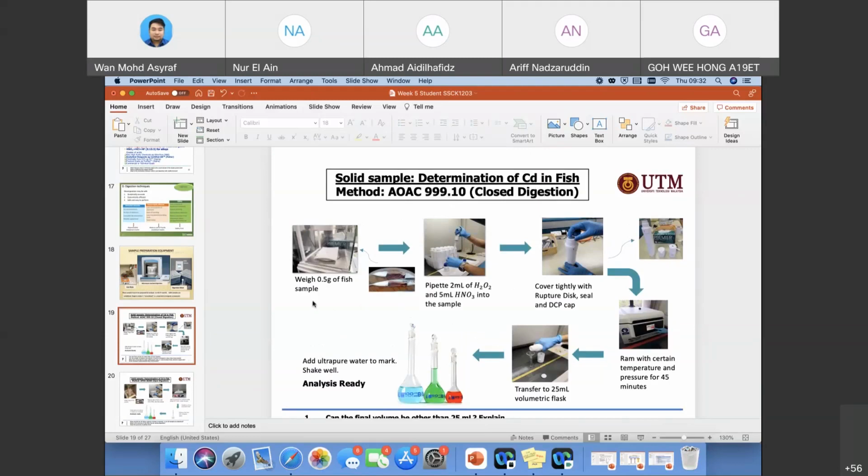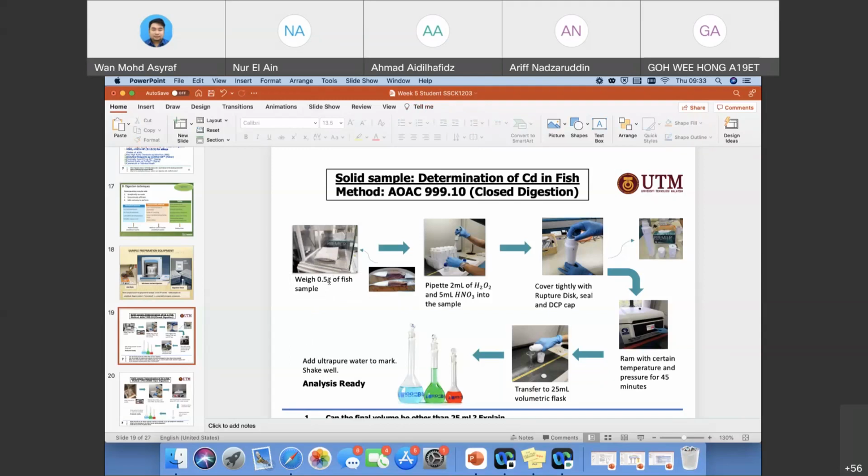on a balance. I believe that you already have your lab this week? Not yet. Next week, okay. Next week. Okay, right. So when in the lab later on, they are going to show you how to use this analytical balance.